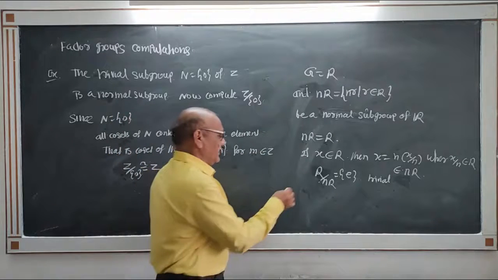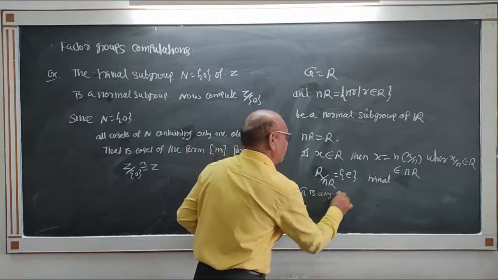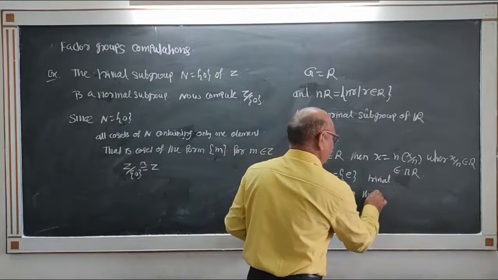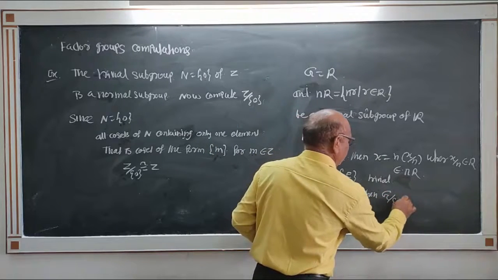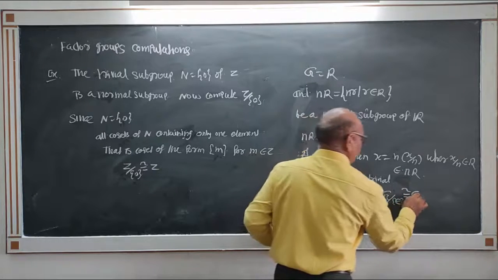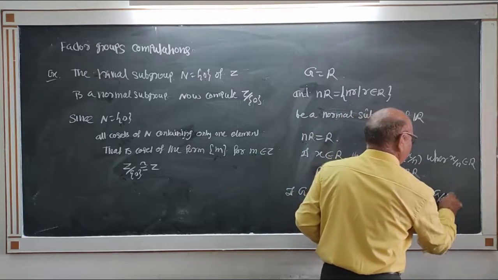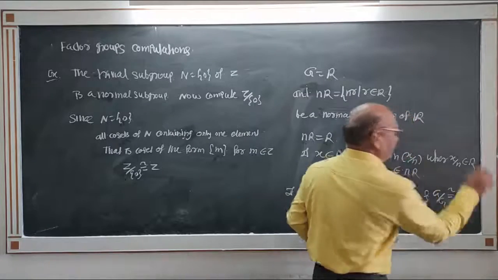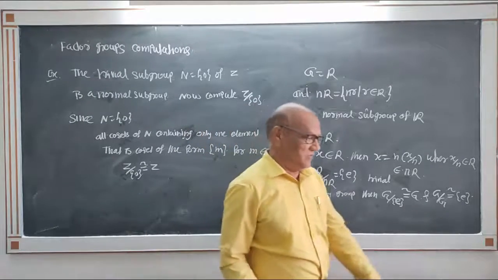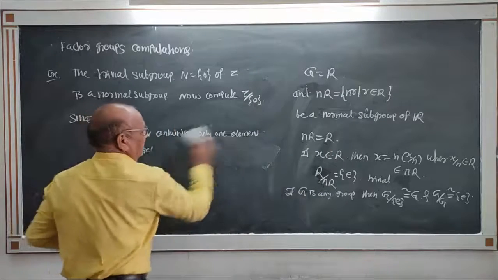That means if G is any group, then G by singleton {e} is isomorphic to G, and G by G is isomorphic to singleton {e}.